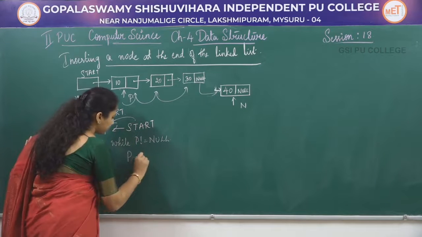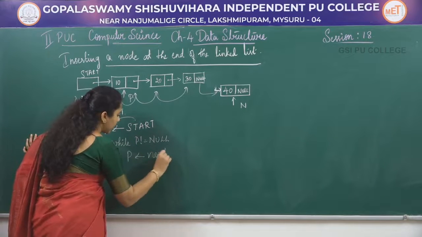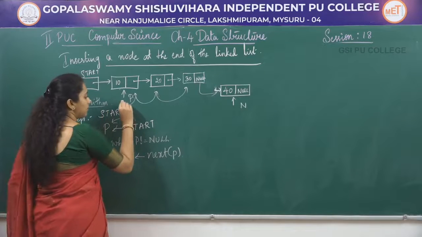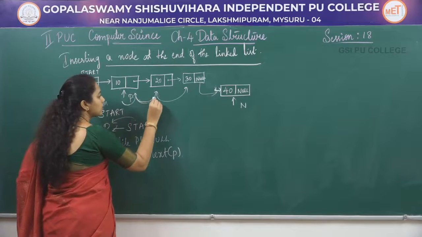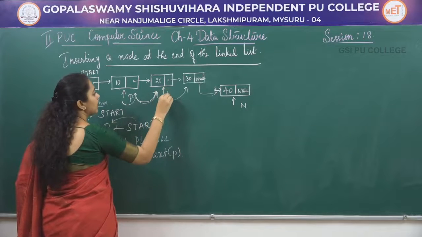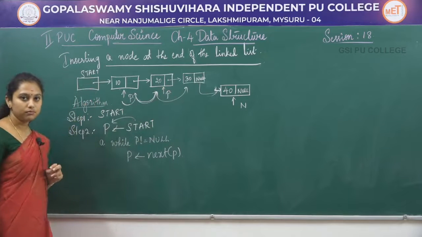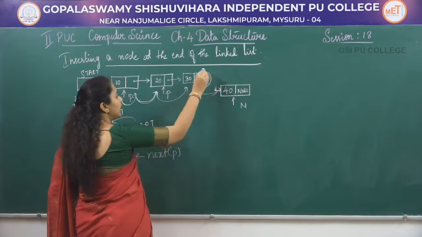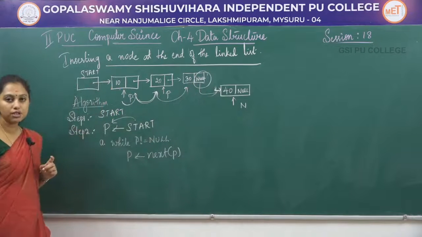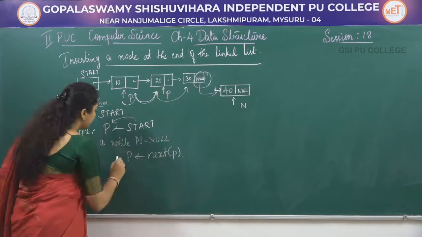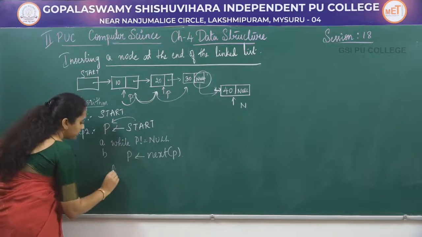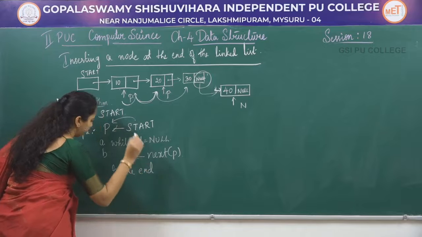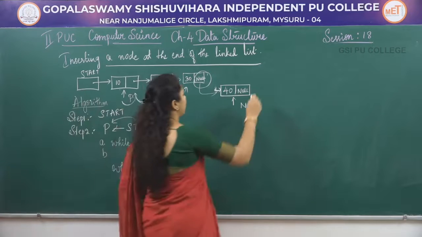That is, P becomes next of P. So if I traverse from this node to this node, then this node will become P. Understood? So until we get null in the link field, we are going to traverse all the nodes in the linked list. While end.